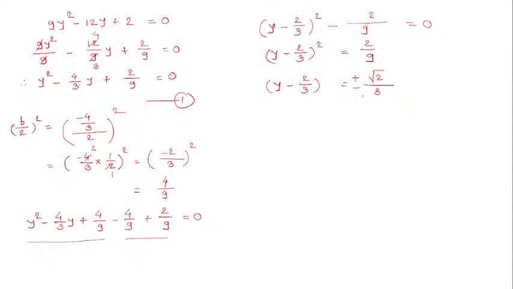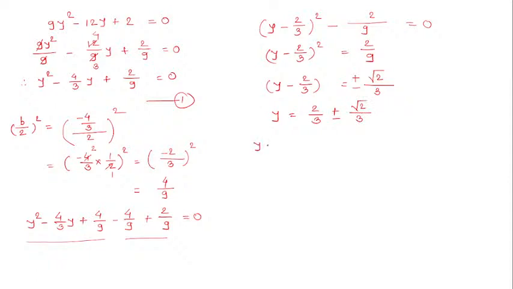So we should take care of taking positive and negative signs while taking a square root each time. Now we have to transfer this minus 2 by 3 to the right hand side, so as to get the value of y, that is equal to, minus 2 by 3 going to that side, it will be plus 2 by 3 plus or minus root 2 divided by 3.